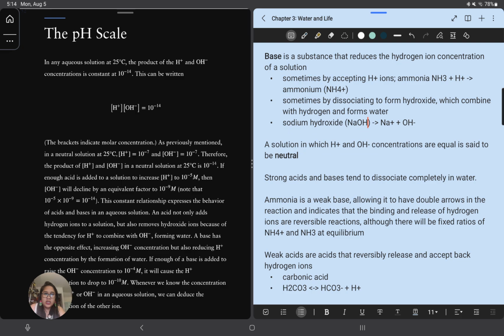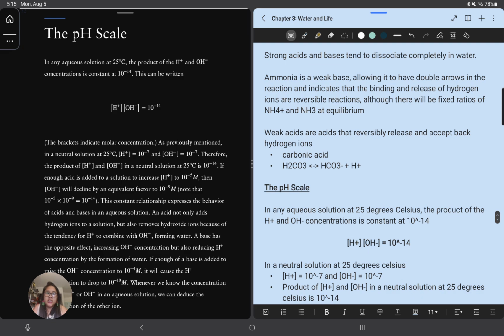Sodium hydroxide dissociates to sodium ion and hydroxide ion. A solution in which hydroxide ion and hydrogen ion concentrations are equal is said to be neutral.